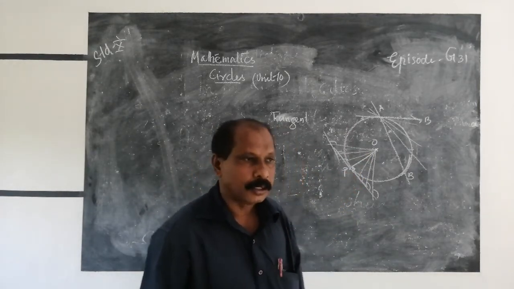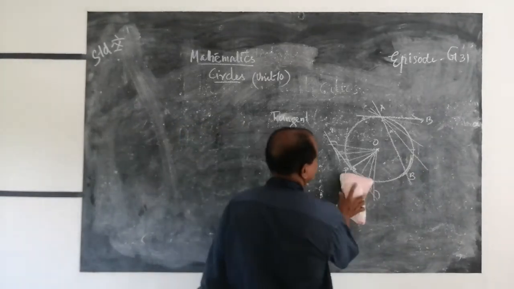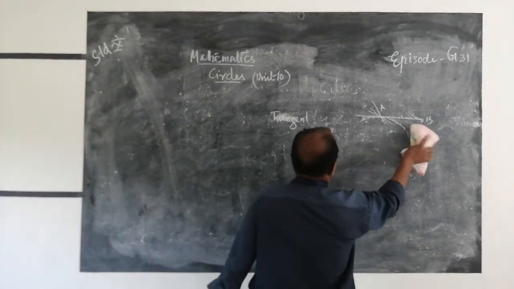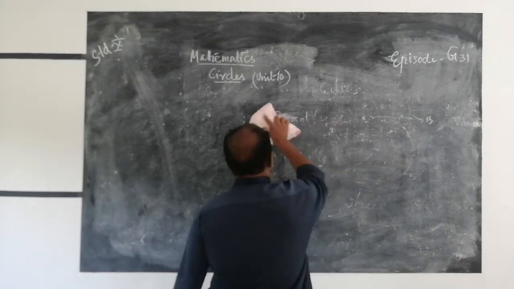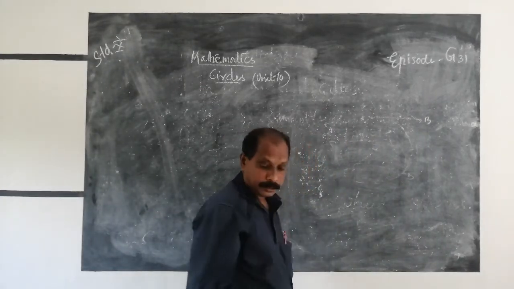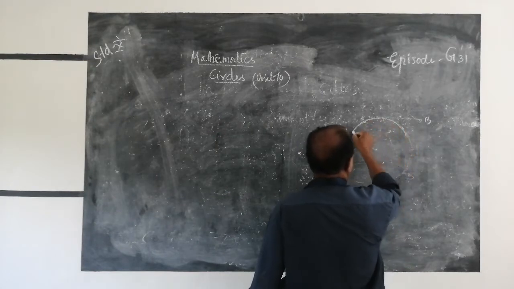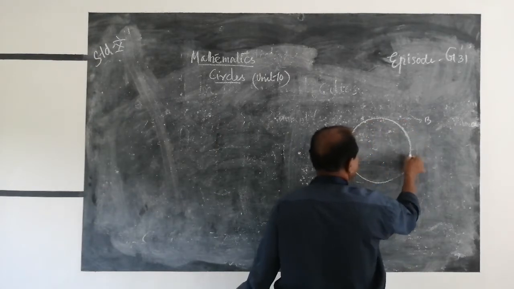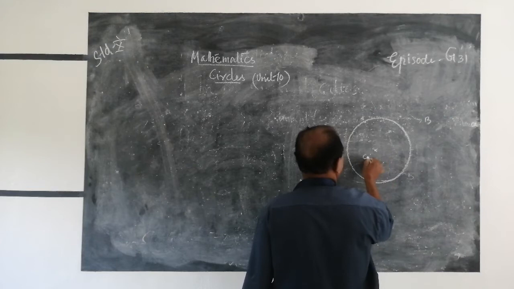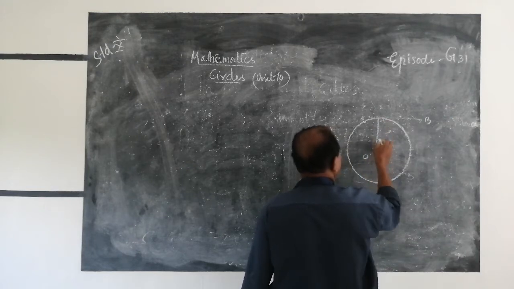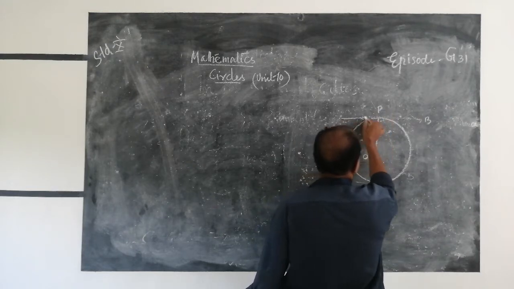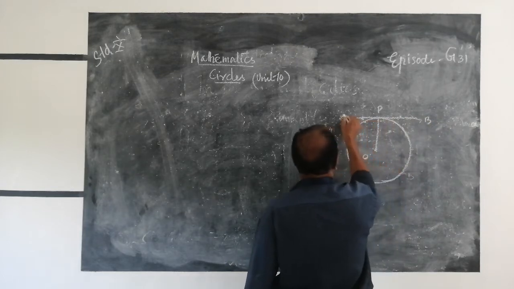That means any tangent and the radius segment at the point of tangency are perpendicular to one another. This is the center, OP is our radius, AB is the tangent.